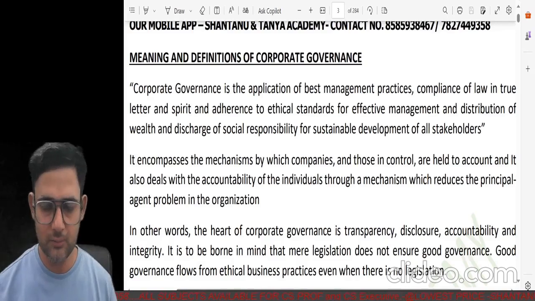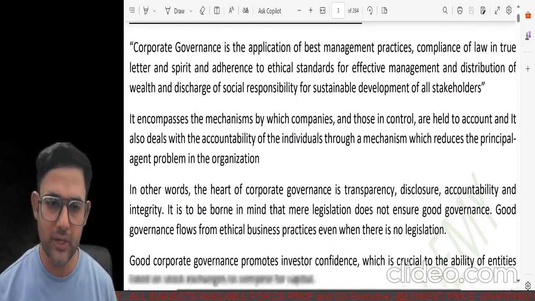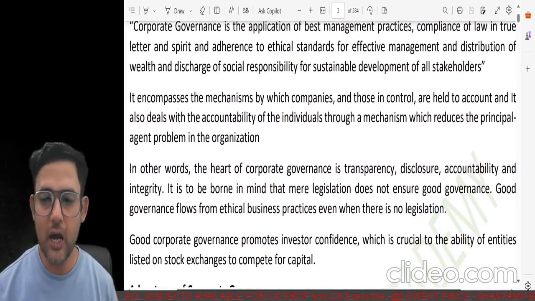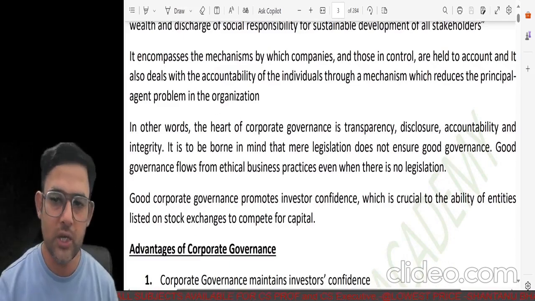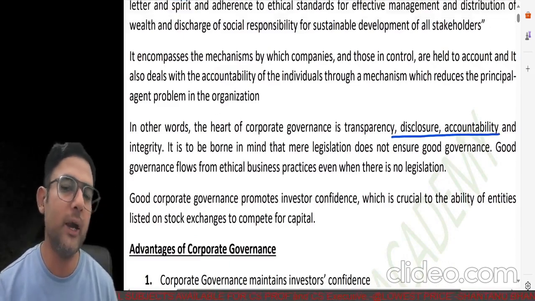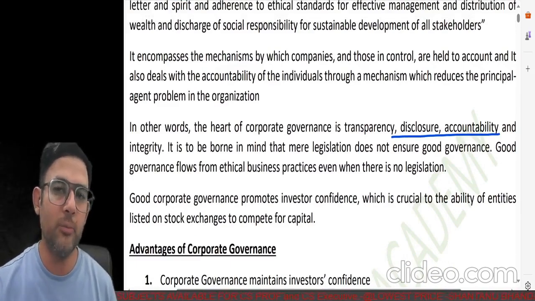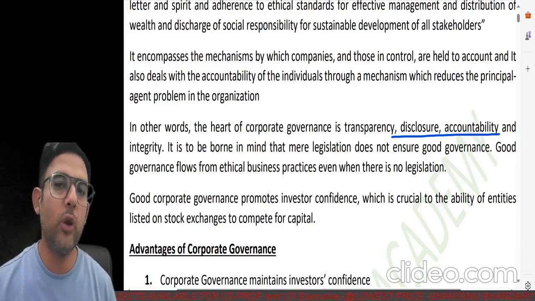Further, it's mentioned that when you include corporate governance in the heart of the company, all these terms that I was talking about, which include transparency, disclosures, accountability and integrity, automatically come in. You cannot say that a company is a well governed company but doesn't have transparency, doesn't have disclosures, doesn't have accountability. It will not work like that.